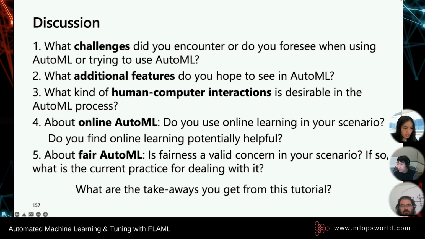And the third question is, what kind of human-computer interaction is desirable in the AutoML process? This question is motivated by some content in the survey. The survey paper mentioned that human-in-the-loop AutoML should be encouraged, but there is a subtle dilemma between the need of automation to save human effort and the need of involving human input and human expertise.